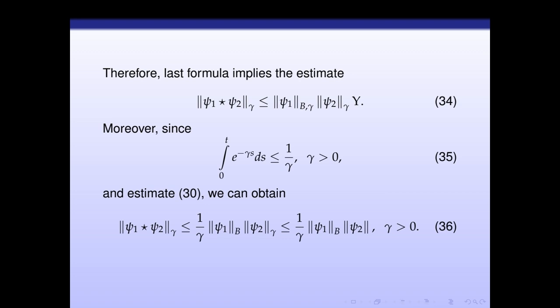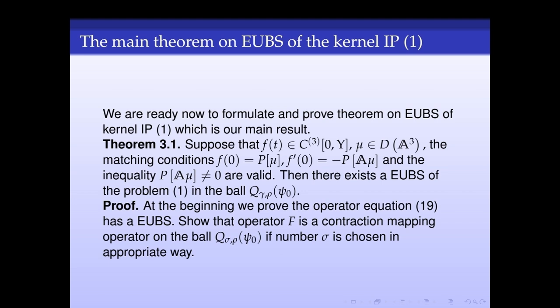Now the main theorem on the existence and uniqueness of a bounded solution of Cornell identification problem 1. We are ready to formulate and prove the theorem on existence and uniqueness of a bounded solution of the Cornell identification problem, which is our main result. Theorem 3.1.